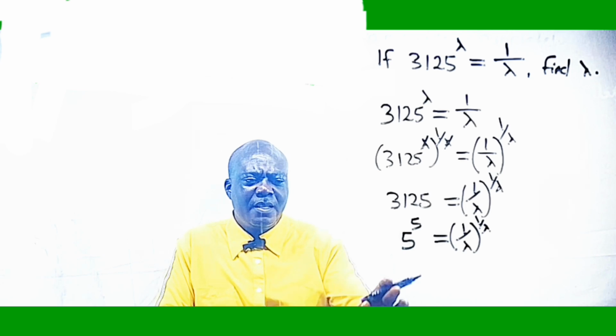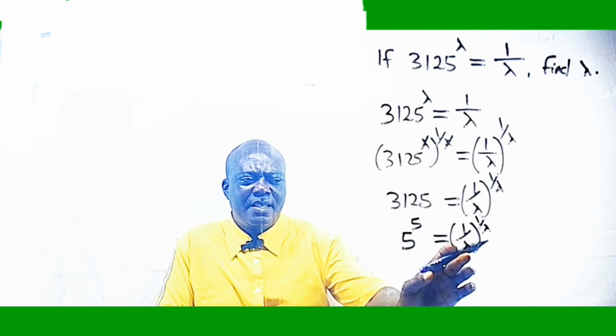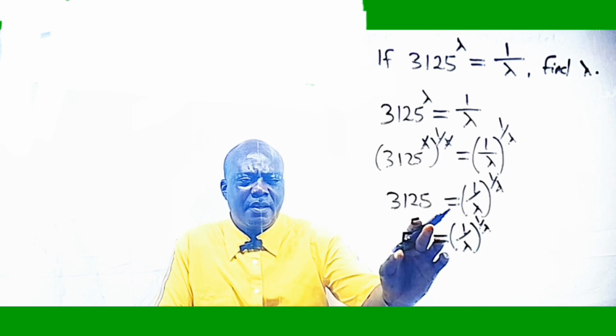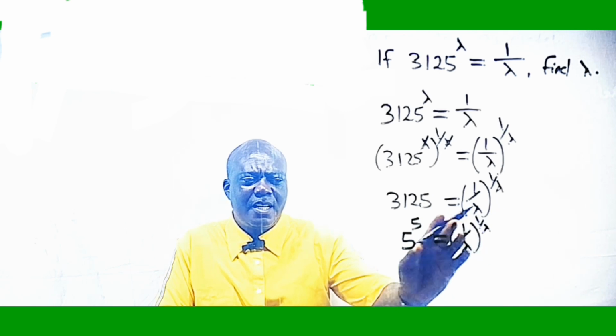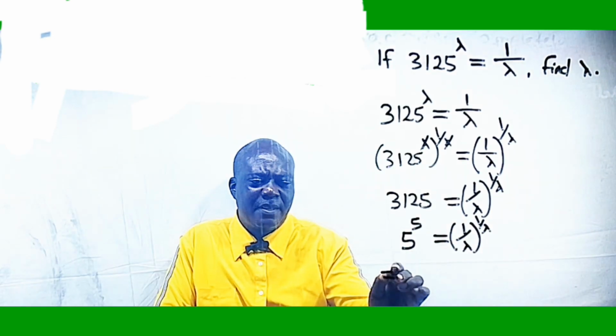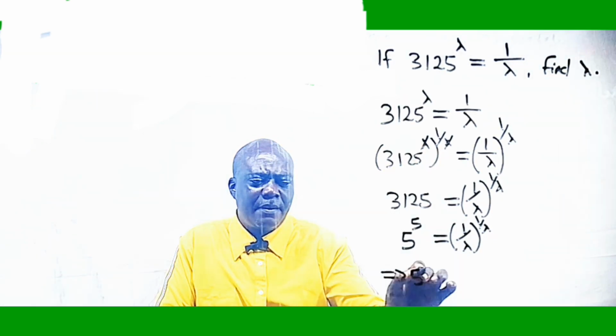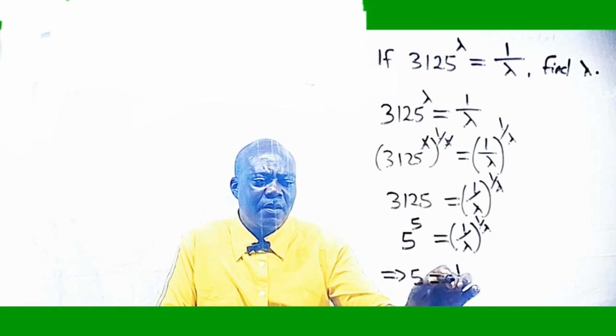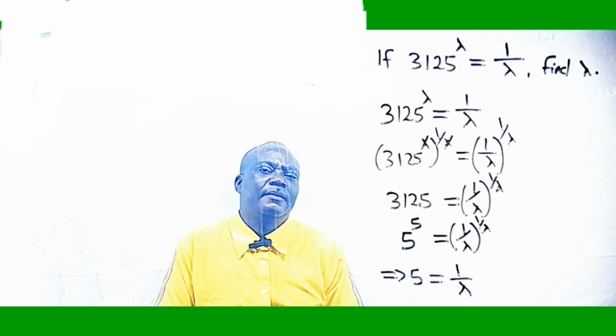Just observe. The base here is 5. The base here is 1 over lambda. The power here is 5. The power is 1 over lambda. That implies that 5 is equal to 1 over lambda.